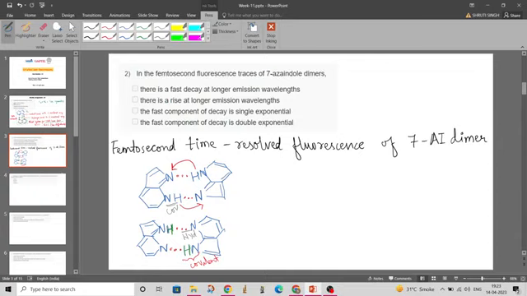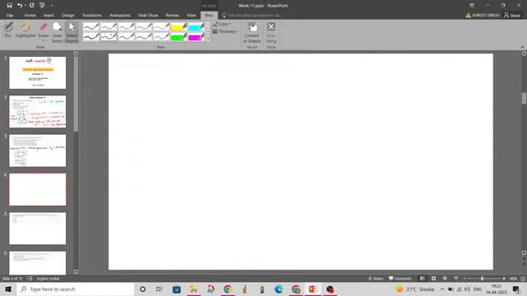So when the time resolved fluorescence decay was taken for this molecule at the blue wavelength and the red side of the wavelength, we got plots like this.